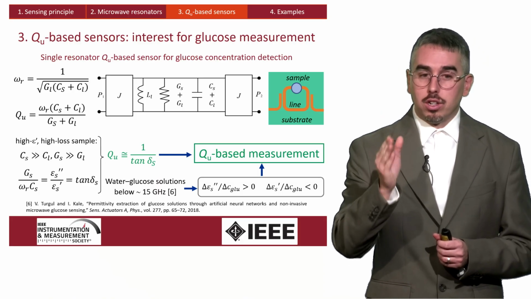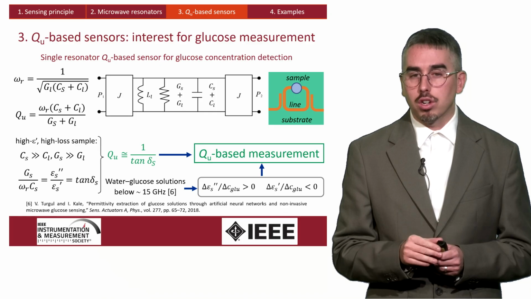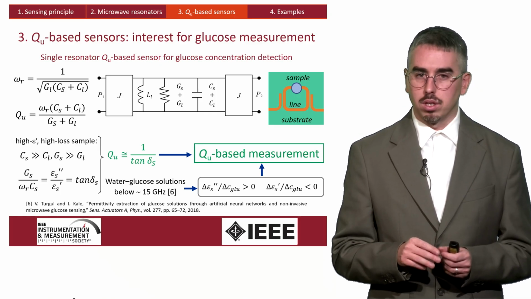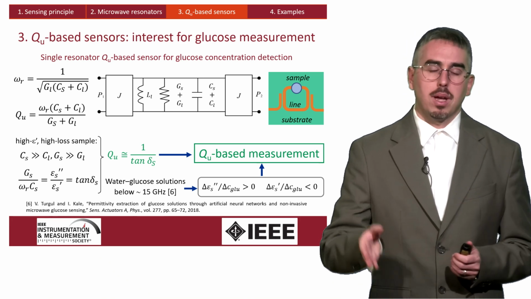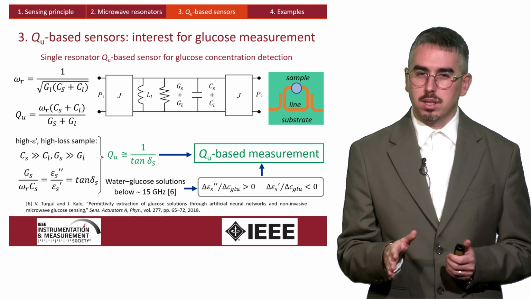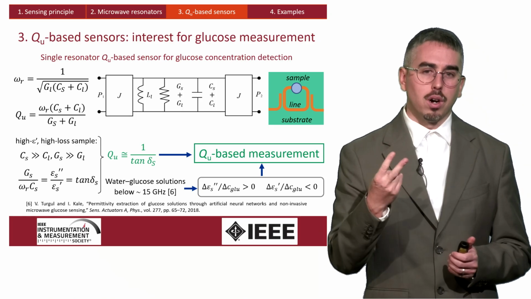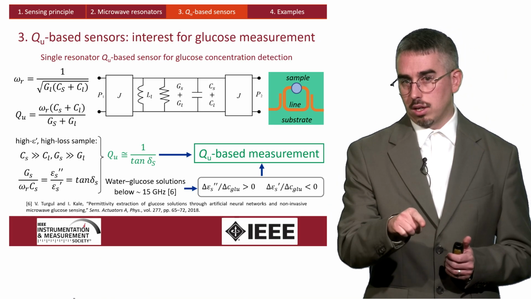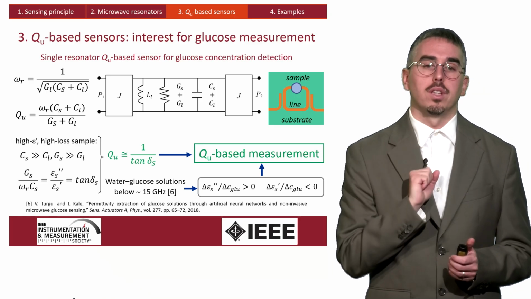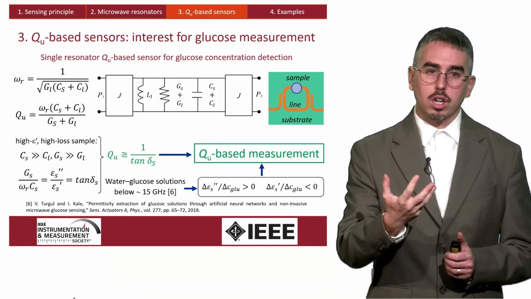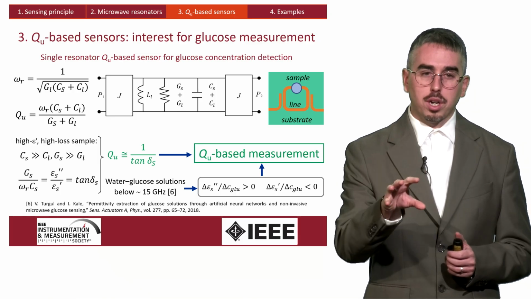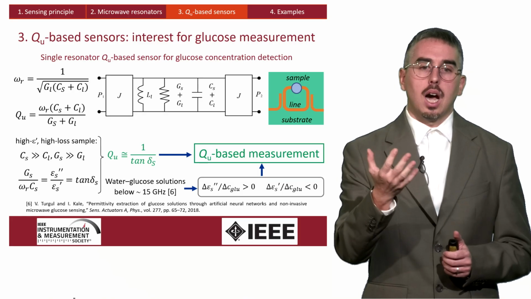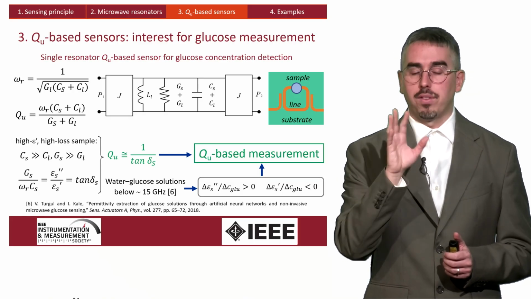As it is not a magnetic sample, we are not foreseeing any impact in the inductive part, so the inductance remains unchanged, but the resistive and capacitive parts are now defined as a sum of two contributions: the contribution associated to the line and the contribution associated to the presence of the sample. Here we can redo the calculations, obtain the new expressions for the resonance frequency and the unloaded quality factor, and then I propose a couple of approximations.